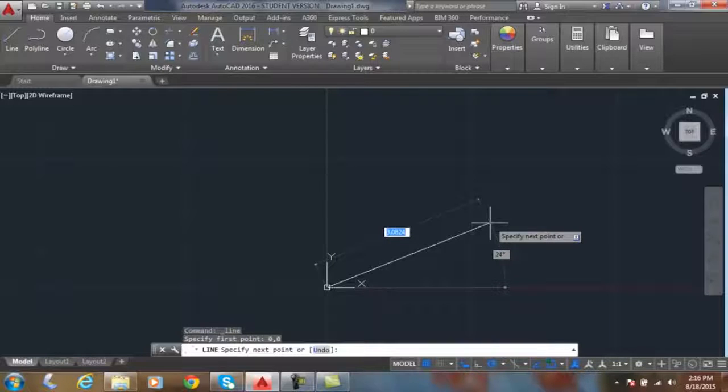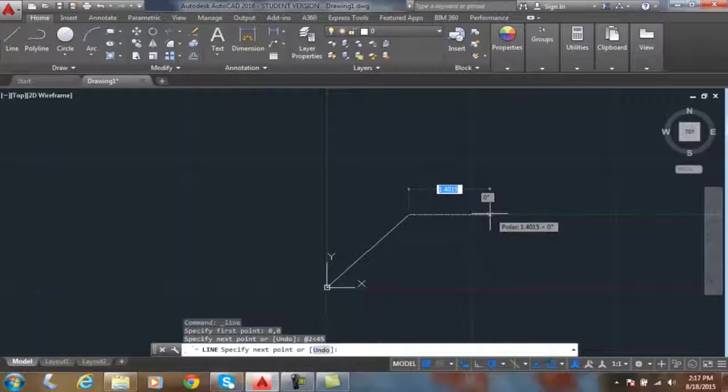For polar coordinates, you put in the at symbol, then the distance, then the less than symbol, and then the angle. So I'm going to go 2 units at 45 degrees. Once I have the at symbol, the distance and an angle, I hit enter. And now I'm finished with the command, and hit enter.